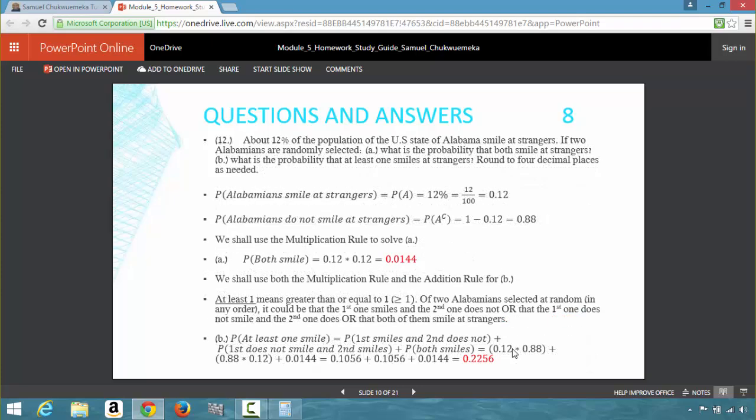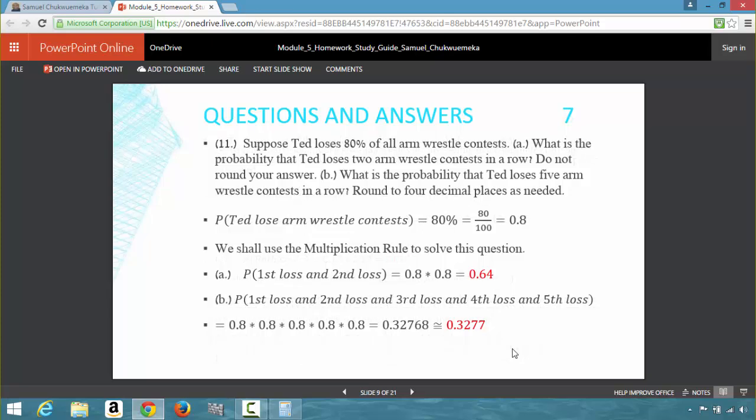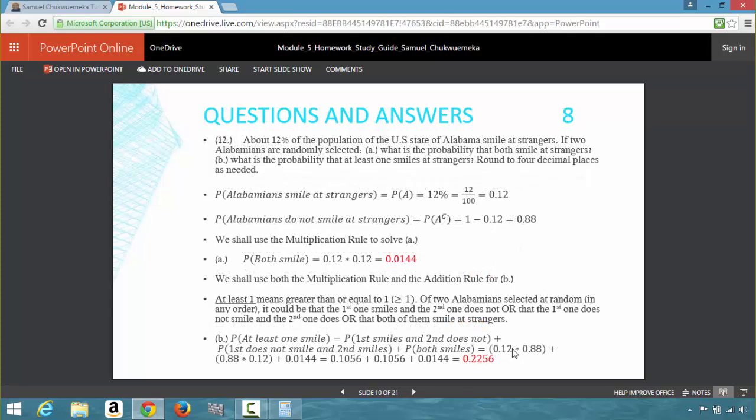Question 12. About 12% of the population of the U.S. state of Alabama smile at strangers. Have you ever noticed that? Okay, if 2 Alabamians are randomly selected, A, what is the probability that both smile at strangers?